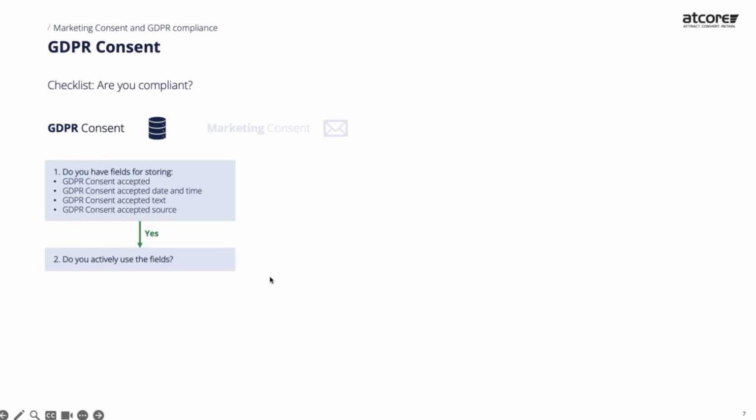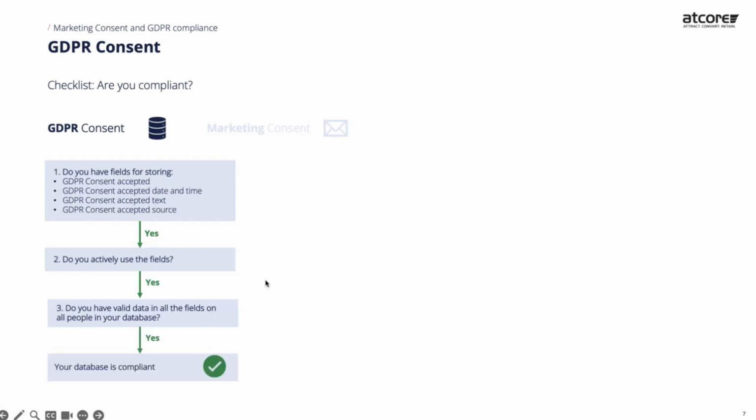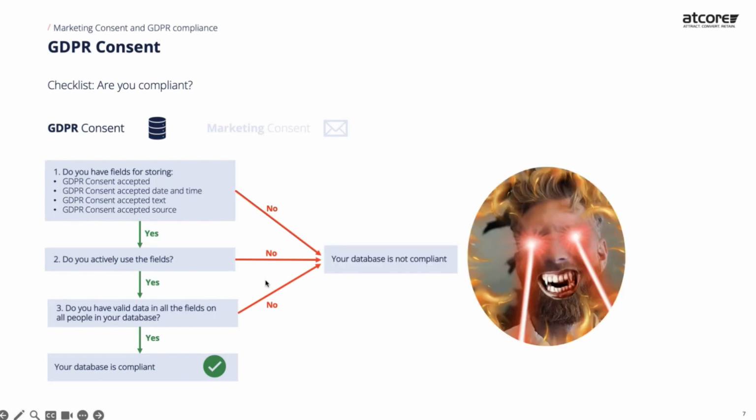So do you have the automation rules in place that automatically future-proofs your database and store the necessary data when a person submits the GDPR consent? And lastly, do you have valid data on all the fields and all the people in your database? If you can say yes to these 3 questions, you are most likely compliant. But if you can say no to any of them, your database is not compliant.